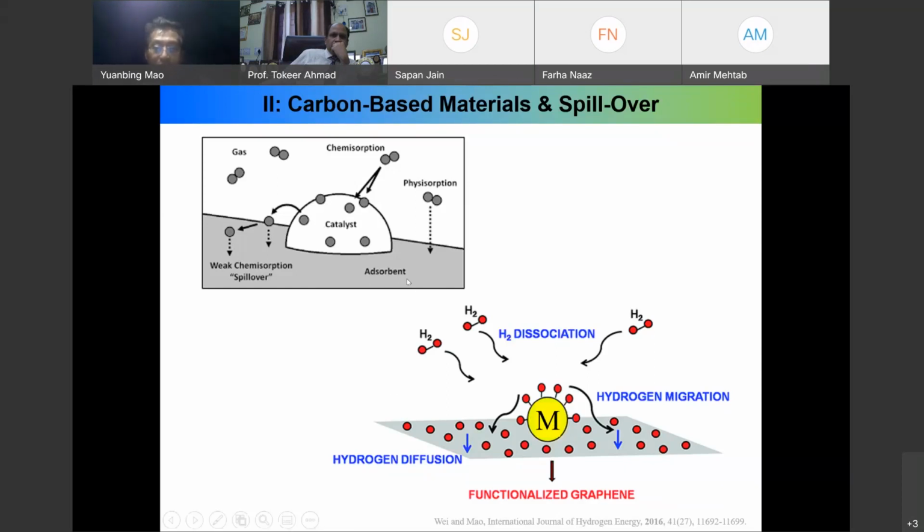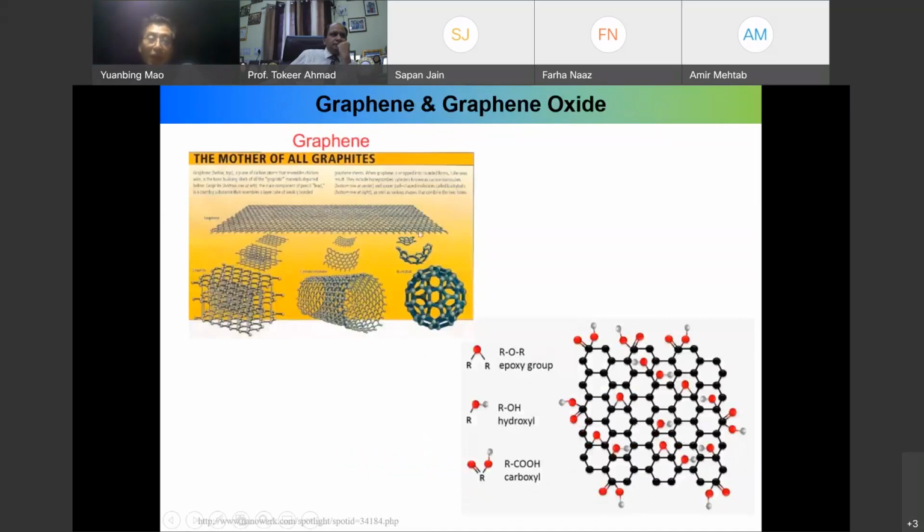So this is what we schematically show you. What could be a good adsorbent, right? Definitely we want something with high surface area. So that's why here, we try to use functionalized graphene. Graphene is also something that recently has become a hot material. Some people say this is the model for graphite. You think about carbon nanotubes, you just need to roll it, right?